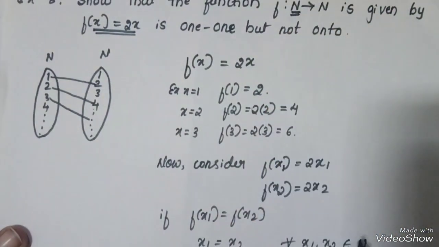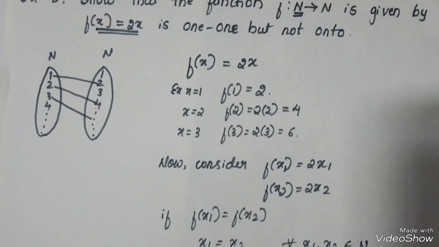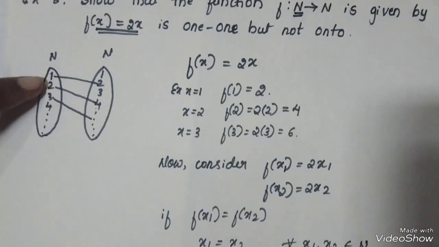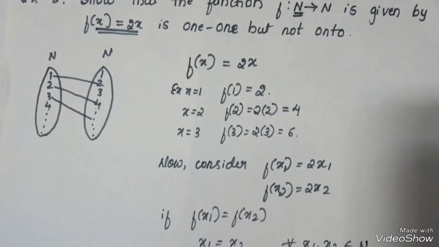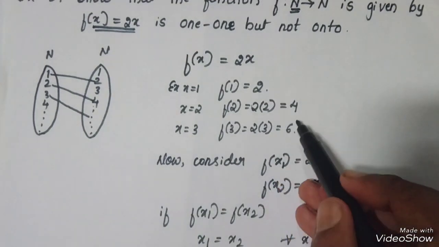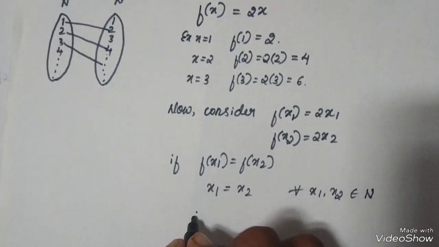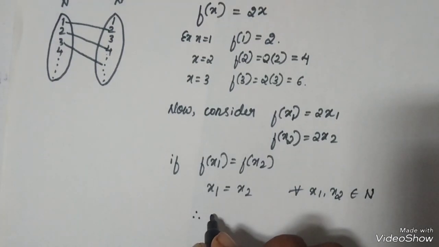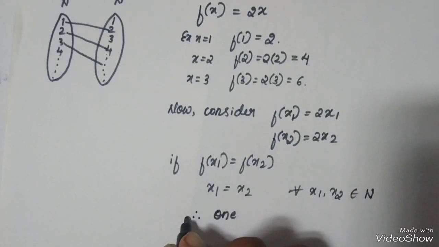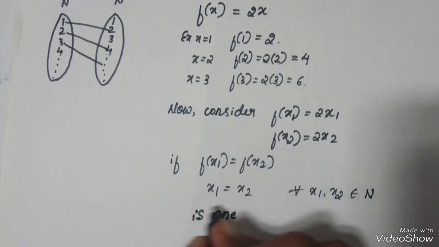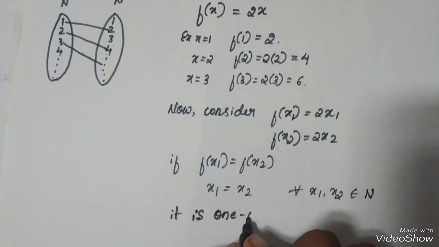Here the domain should be natural numbers. This one-one condition obeys the definition, x1 equals x2. Therefore it is one-one.